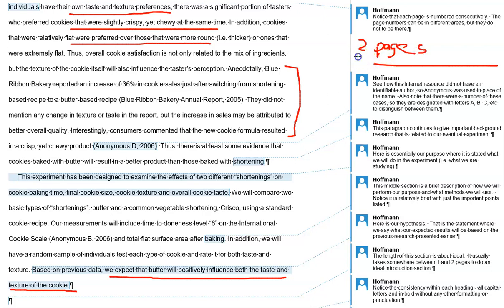Again, if it goes more than 2 pages, it starts to get away from the introductory areas. And if you don't have at least 1 page, then you probably haven't covered all the aspects of the introduction that you should. Remember, we do have an outline for this as well.